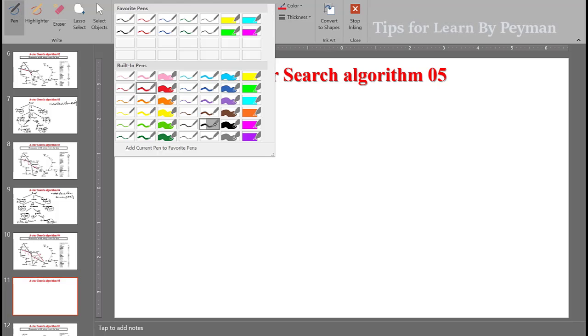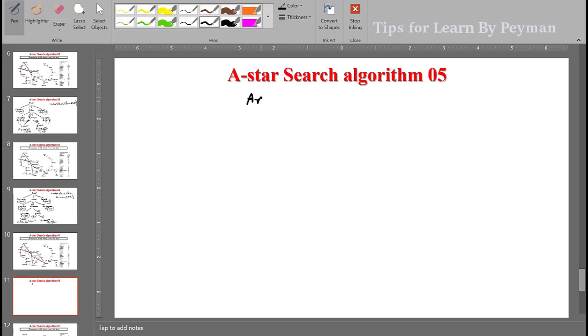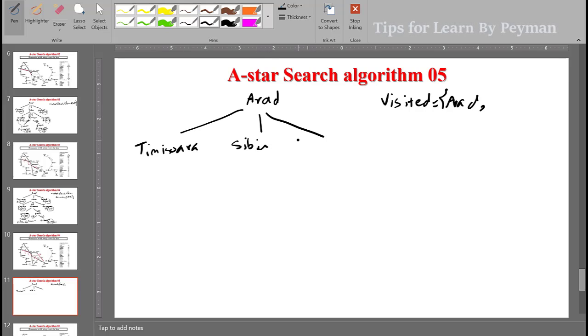So I just write it here, start from Arad as root, and my visited list would be Arad. I would write it here. Okay, we have Arad here, Timisoara, and we have Sibiu here. We have Zerind here. We have here Oradea. We have Rimniju here.